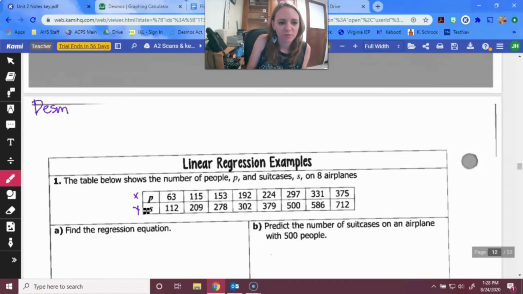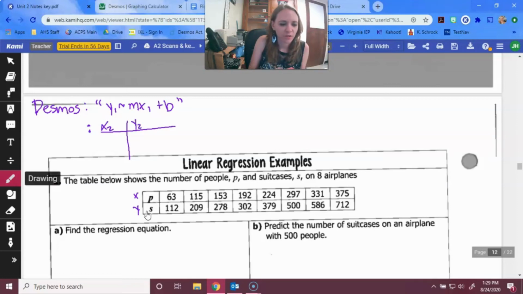So in Desmos, and you can copy this down as well, you want to type in y, 1, squiggle, and then it'll bring out that.